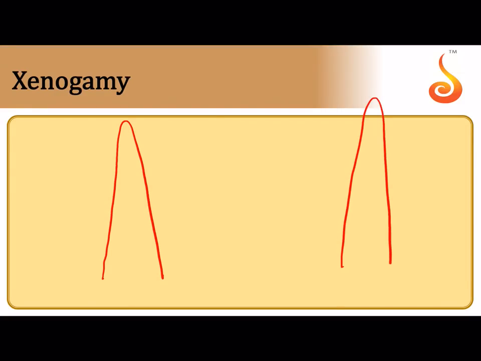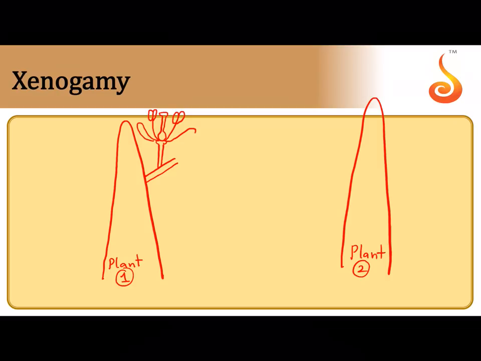So let us represent it again as two diagrams. So this is plant 1. This is plant 2. Two different plants. On the plant 1, you find, imagine, it's not necessary that the plant has to be unisexual. It can be bisexual also. I mean the flower. So I'm showing both pistil and anther here.